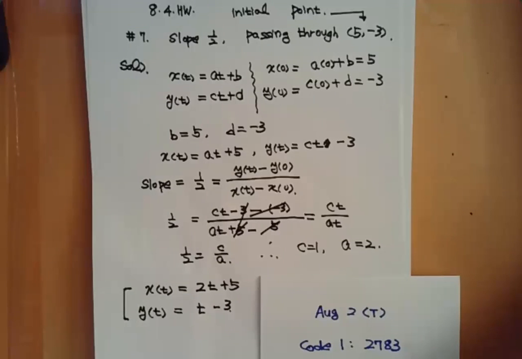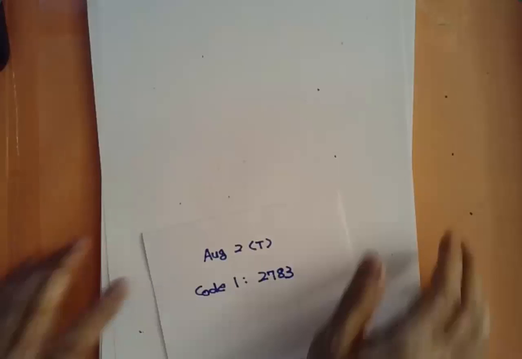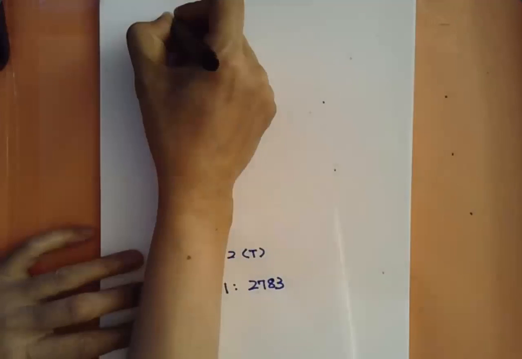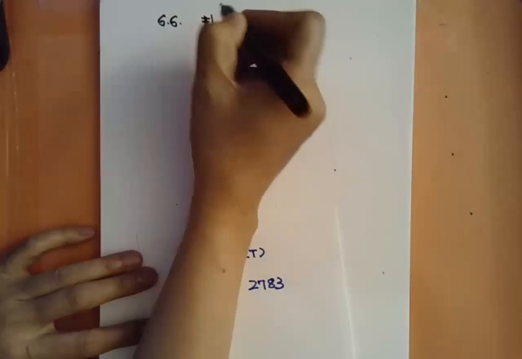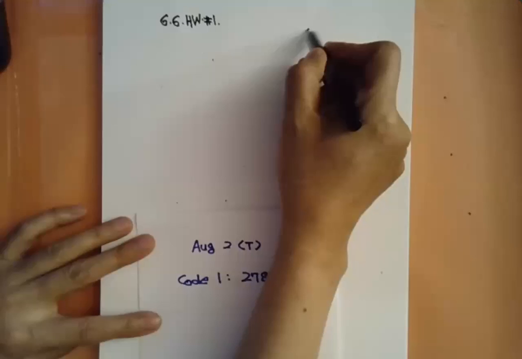So the next problem is 6.6, homework 1. The problem is: length of two sides of the triangle are 91 and 77 inches.